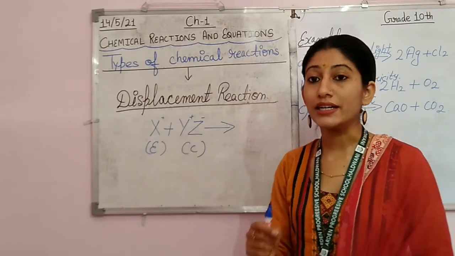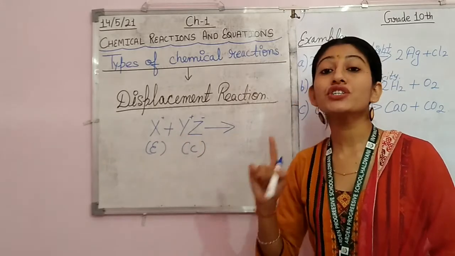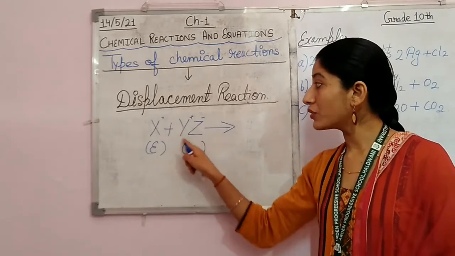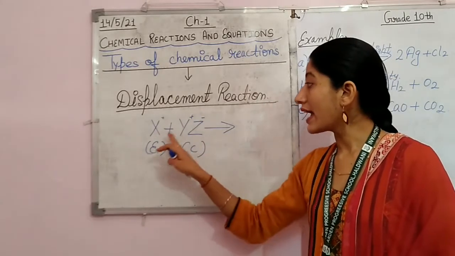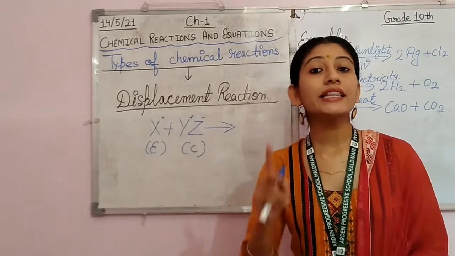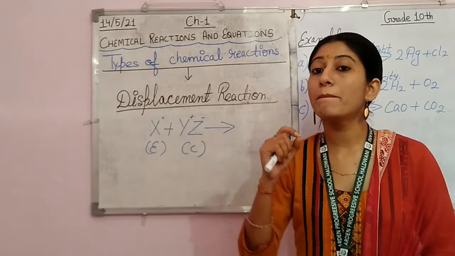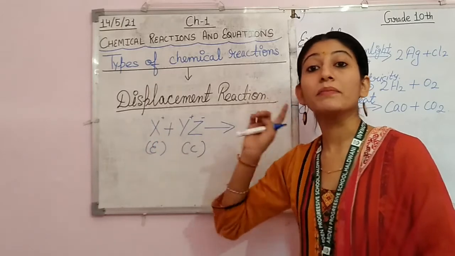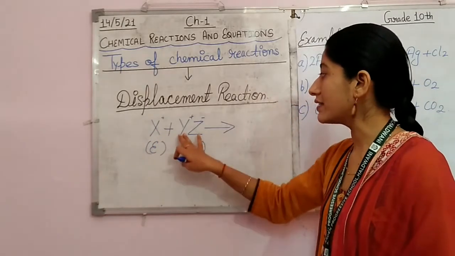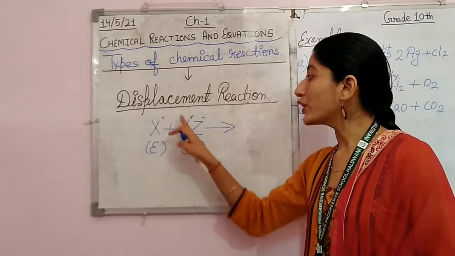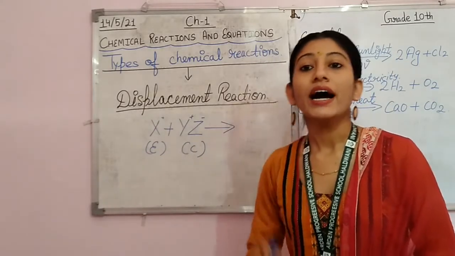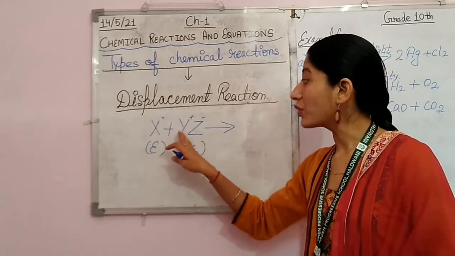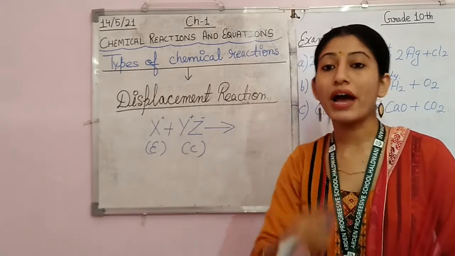When X wants to displace this Y, the important condition required is that this X, this element, must be more reactive than this Y. Otherwise it will not be able to displace Y. If its reactivity is not greater compared to Y, then it cannot displace Y. This you have to remember.